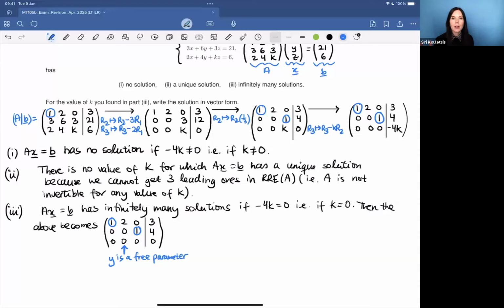In more general terms, one of the 3 variables can be treated as a free parameter, but our method here tells us that since x and z are leading, it's natural to treat y as a free parameter. Now let's first write out what this augmented matrix here means when we write this as equations.